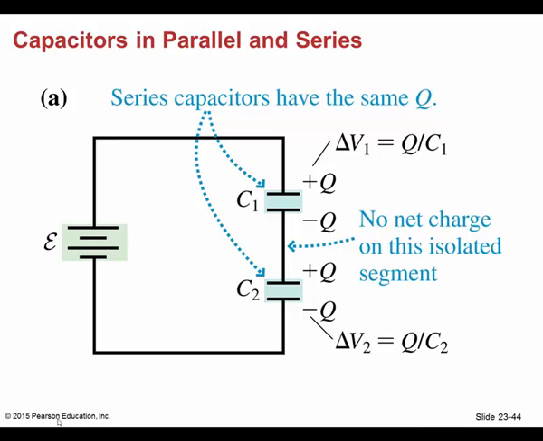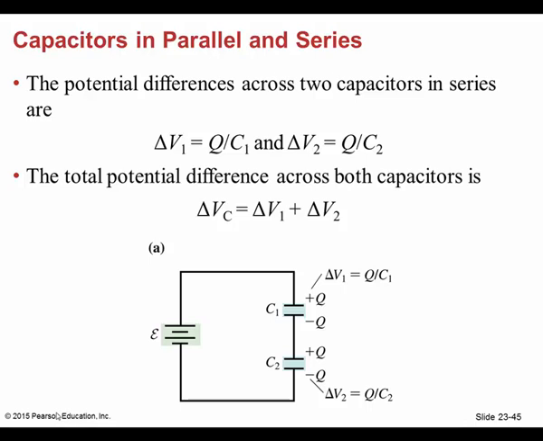Now, what about those in series? All right, so series capacitors, they have the same charge, so the same charge here is the same charge here. However, the voltage is different, okay? So the voltage is different on series capacitors. So the potential difference across both capacitors is the sum of the voltage across the two.